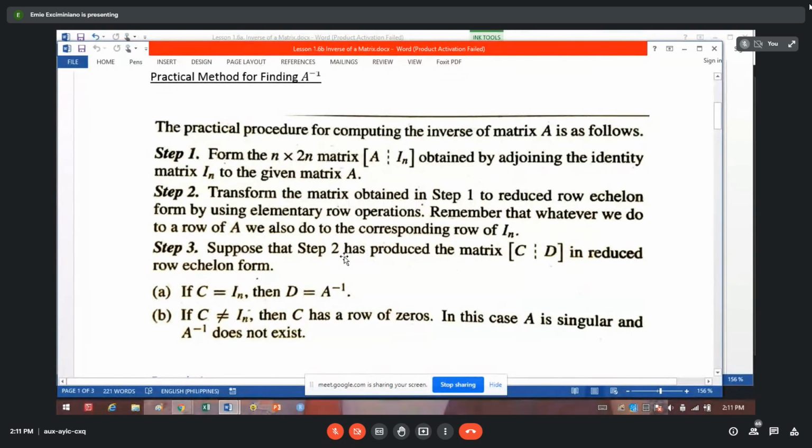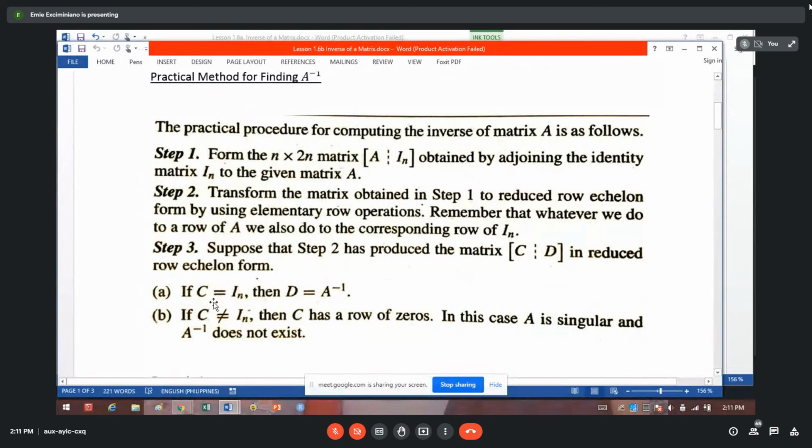Step 3. Suppose that step 2 has produced C, D in reduced row echelon form. Just a matter of assigning different symbols kasi nagbabago yung itsura nila eh. Okay?